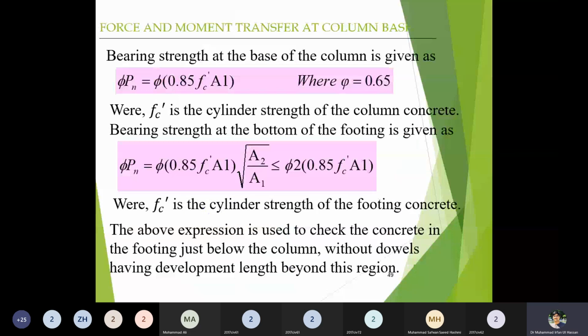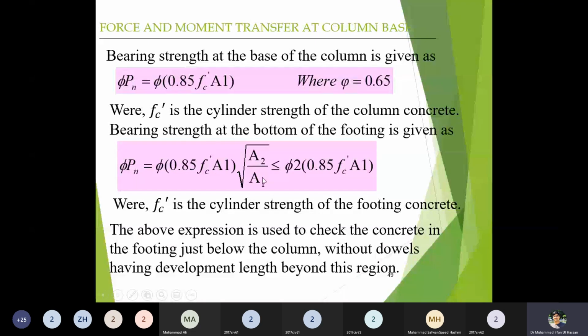So to find out the bearing strength of the column, the first expression is used, which is given here as the first equation. To find out the bearing strength of the column on the footing pad, this second expression will be used, where phi is 0.65 and 0.85 f'c A1 will be multiplied by the square root of A2 by A1.